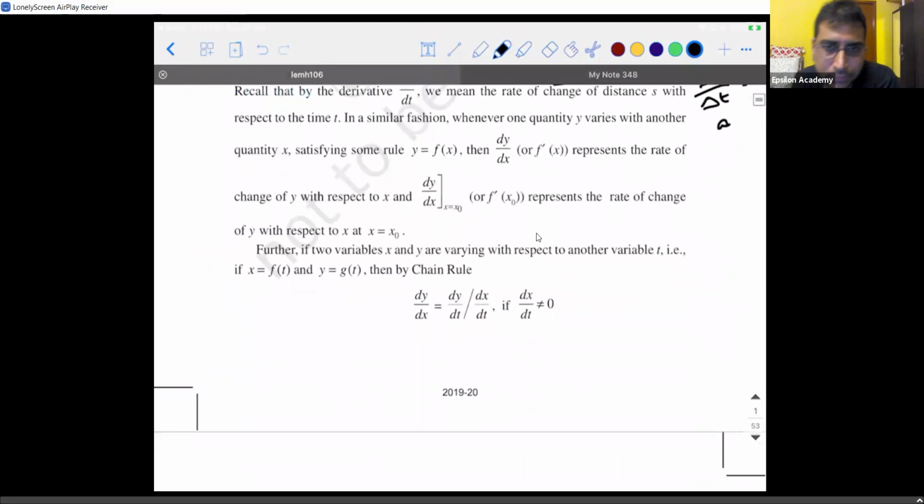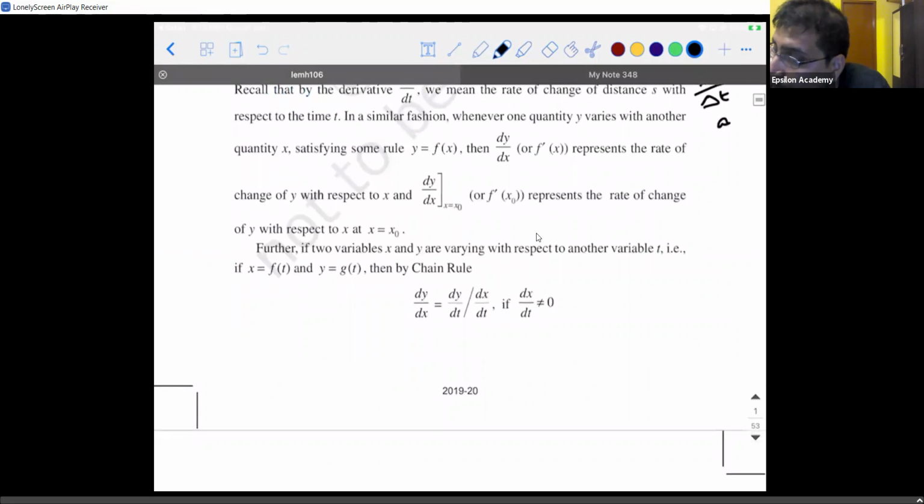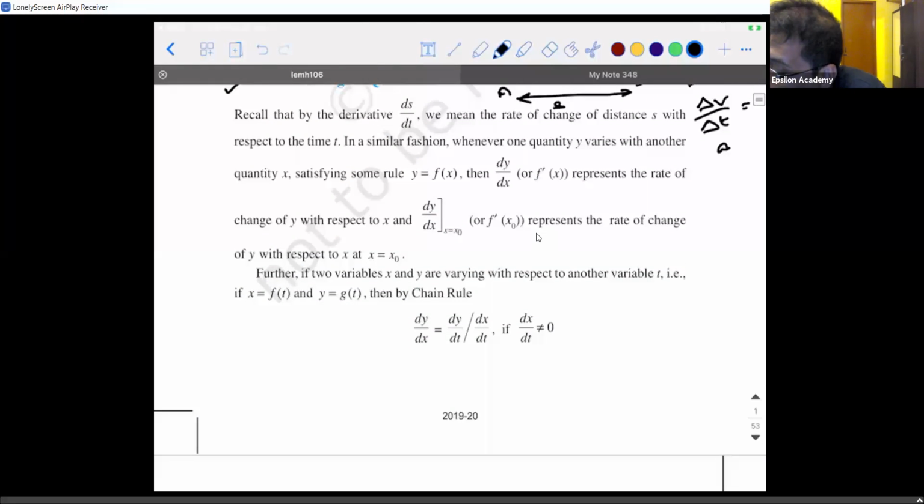Suppose you have one quantity y which is varying with respect to another quantity x, which is satisfying the rule y is equal to f of x, then dy by dx or f dash of x represents the rate of change of y with respect to x.